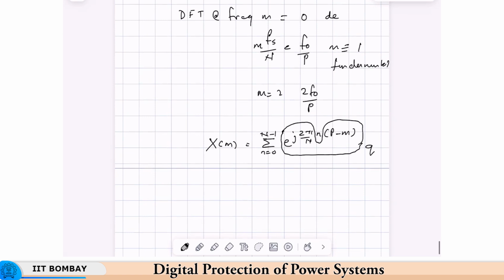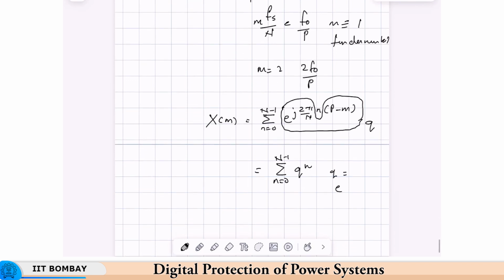This simply becomes q raised to n, where q is equal to e raised to j 2 pi by N (P minus m).